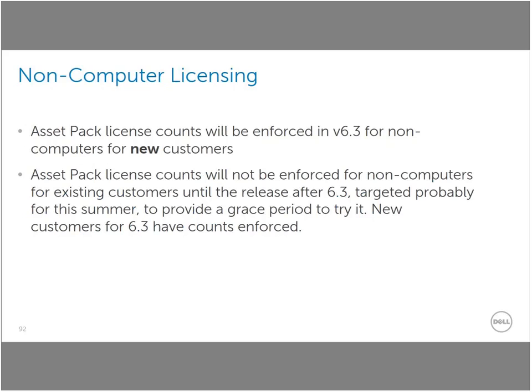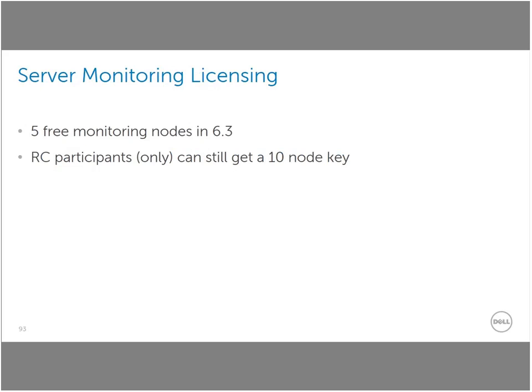The asset pack license counts aren't going to be enforced for non-computers until the release after 6.3, which is 6.4, and that'll be in the third quarter of this year. So I really encourage you to try it during this grace period and see how it works. I think you'll find that it's really excellent, and you'll want to get one of those or many of those asset packs.